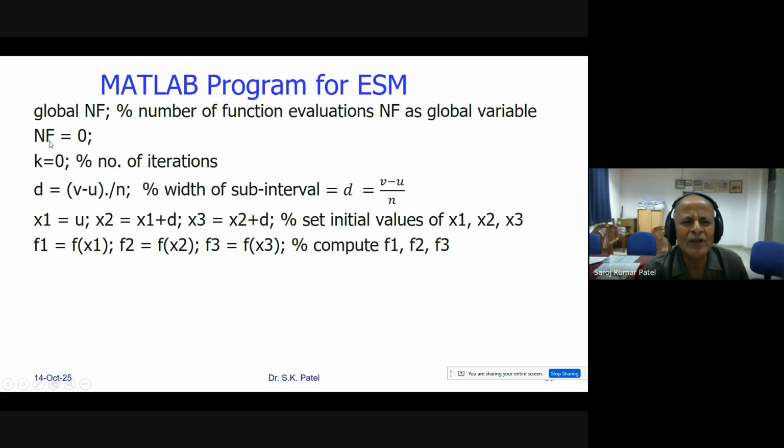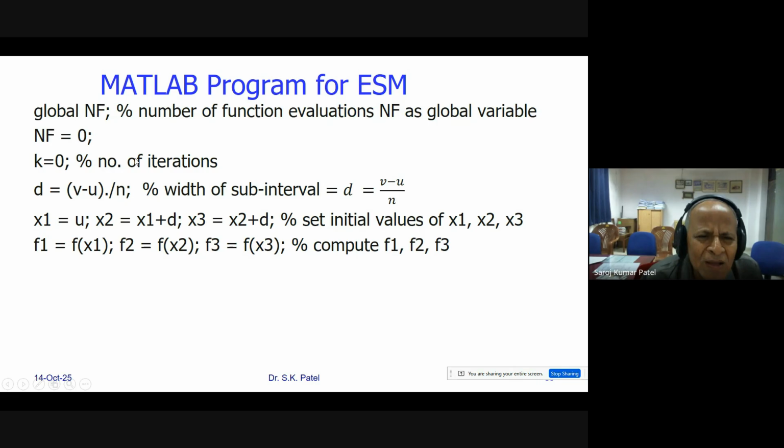Initially we write NF equal to 0, and in the subroutine we write the function f of x. As many times as the subroutine is called, that many times the function is evaluated, and each time NF will be incremented by 1. So we keep a counter, and when the program ends, whatever the value of NF was will tell us how many times the function has been evaluated.